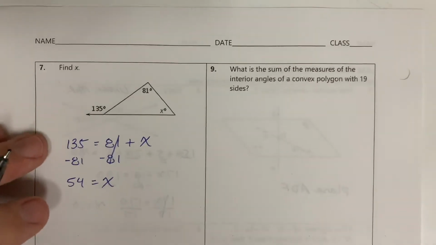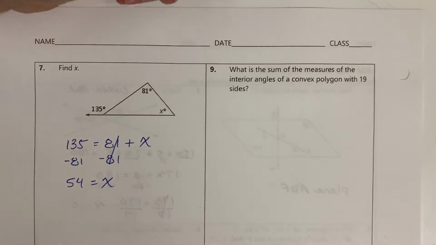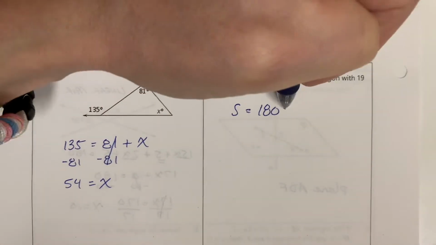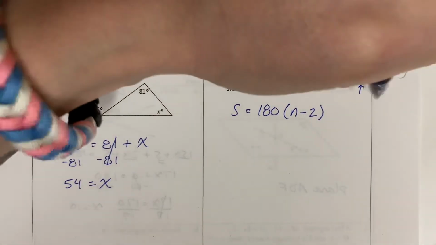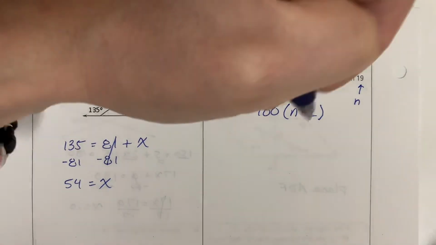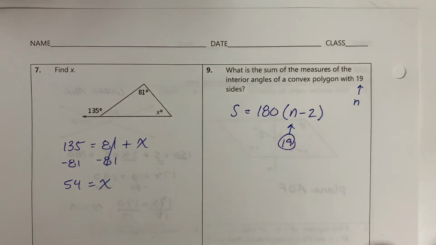Number 9 says, what's the sum of the measures of the interior angles of a convex polygon with 19 sides? So we need the formula S is equal to 180 times n minus 2. N is the number of sides, and S is the sum of all of the interior angles. So we're going to plug a 19 in for n, and then simplify.